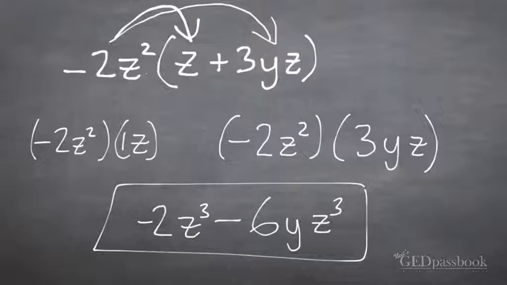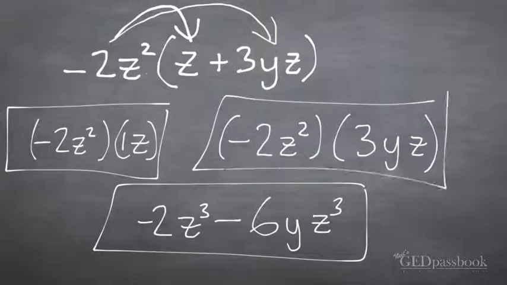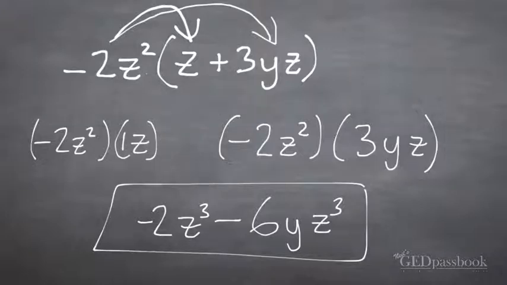But again, even though you're doing a lot of multiplication and it might seem overwhelming, it's really just a whole bunch of these ones. You're just doing a lot of it, just like the first example we did.